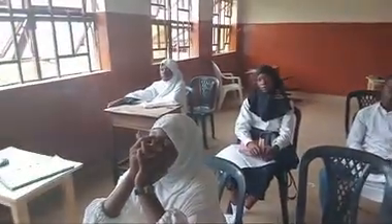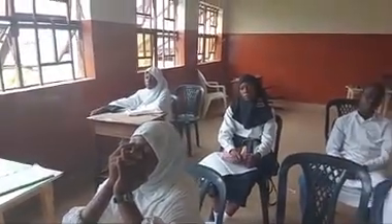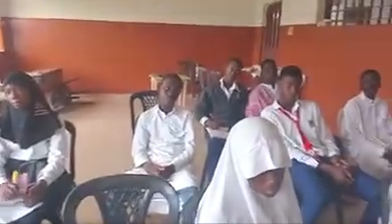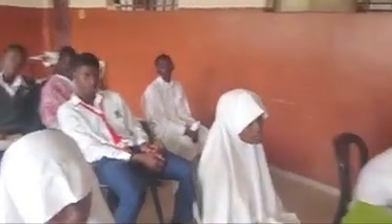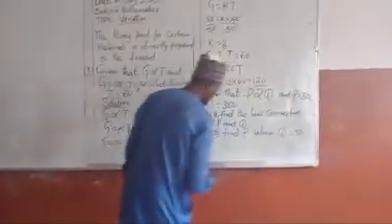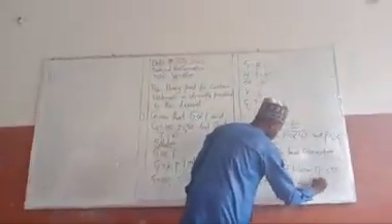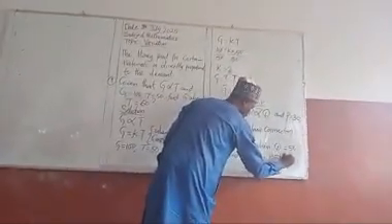A, find the law connecting P and Q. B, find P when Q is equal to 50. C, find Q when P is equal to 600.